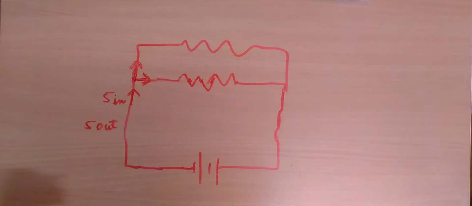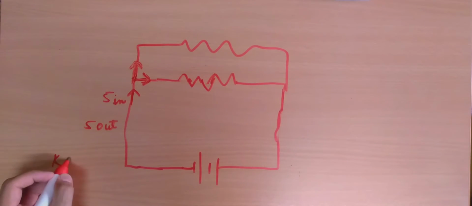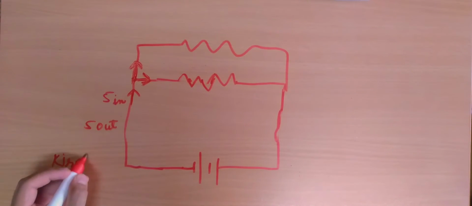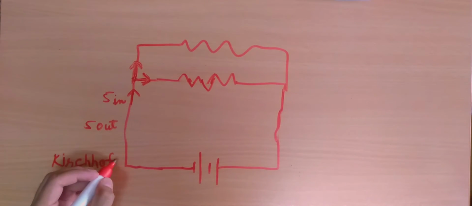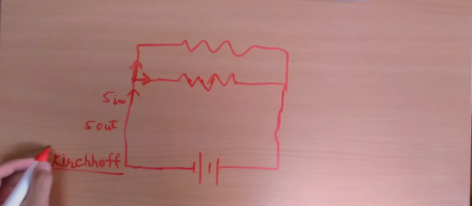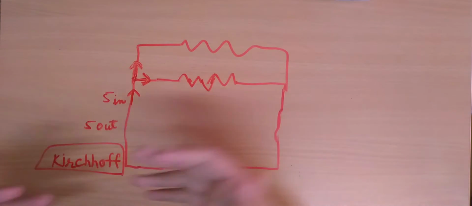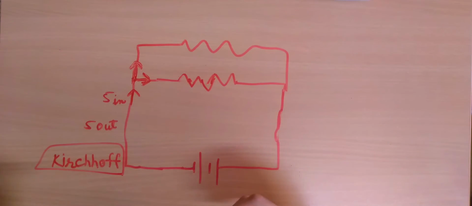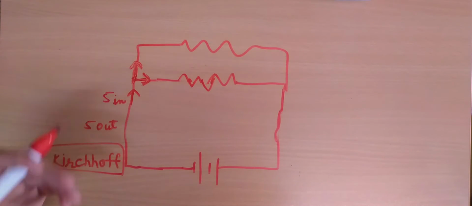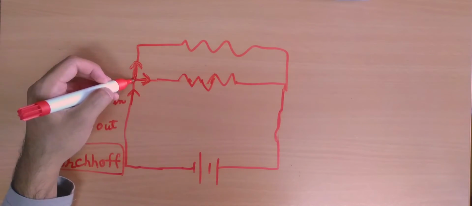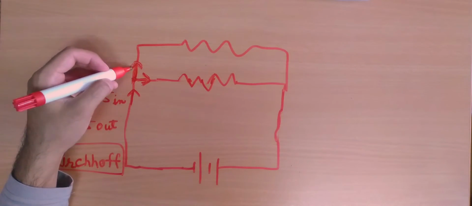But there's this guy called Kirchhoff, I'm not very sure about the pronunciation, and this person just called it a rule. He made a rule out of this, and this is called the junction rule of Kirchhoff, or the first rule given by Kirchhoff. And that simply says that the amount of current that goes into a junction has to be equal to the current that comes out of the junction.